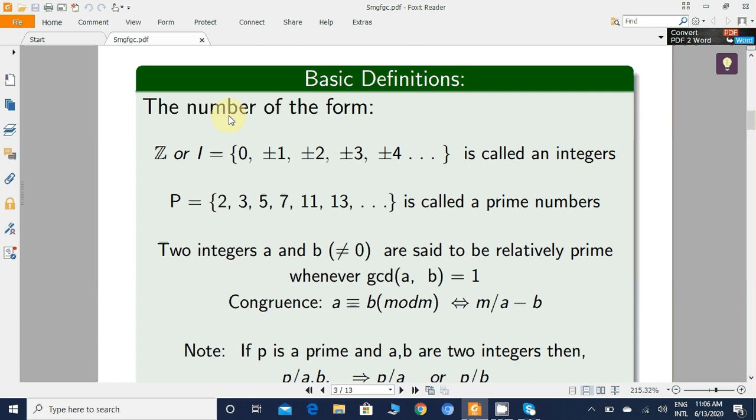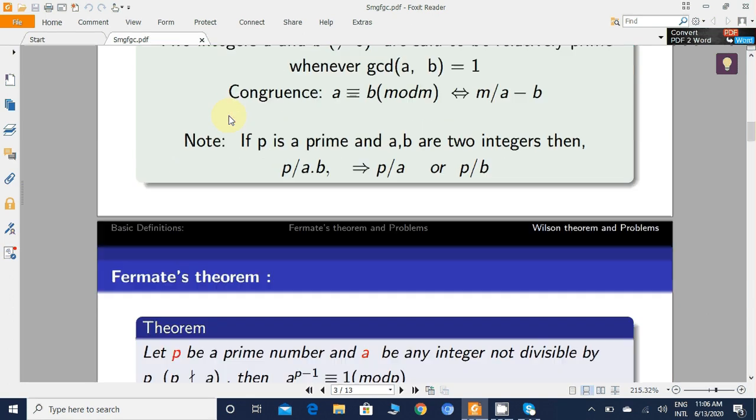Suppose A and B are two integers and M is a fixed positive integer, then A is congruent to B under modulo M if and only if M divides A minus B. Note, if P is a prime and A, B are two integers, then if P divides the product of A and B, this implies P divides A or P divides B.